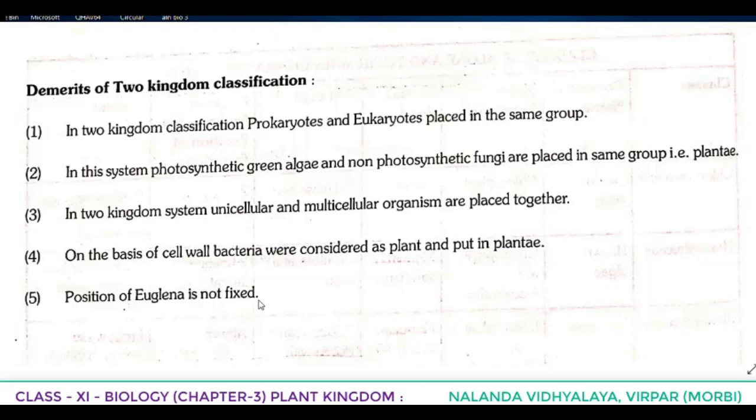Still, we have to understand the points we discussed regarding all the three classes of algae: Chlorophyceae, Phaeophyceae, Rhodophyceae. Chlorophyceae are commonly known as green algae, Phaeophyceae as brown algae, also known as seaweeds, and Rhodophyceae as red algae or ancient algae.